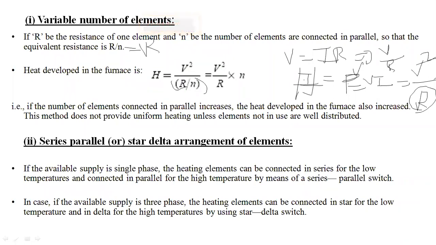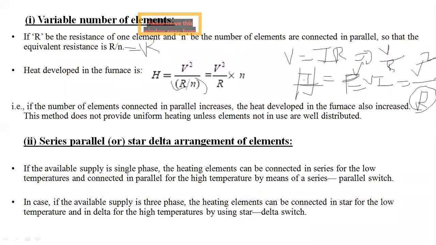In the star delta connection, we connect in the star form for low temperatures, whereas for the requirement of high temperatures, we connect the heating elements in the delta form. That's why it is called a star delta switch.